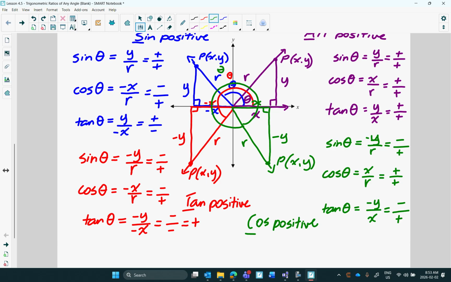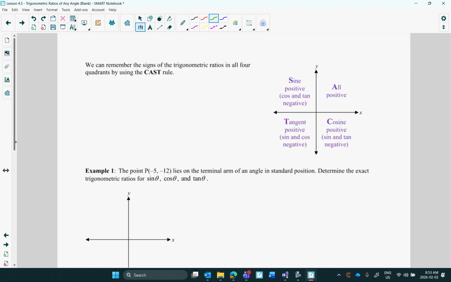So if you start from quadrant 1, if you can think of the letters A, S, T, C, like so. Don't worry about this CAST rule. Nobody really uses that.